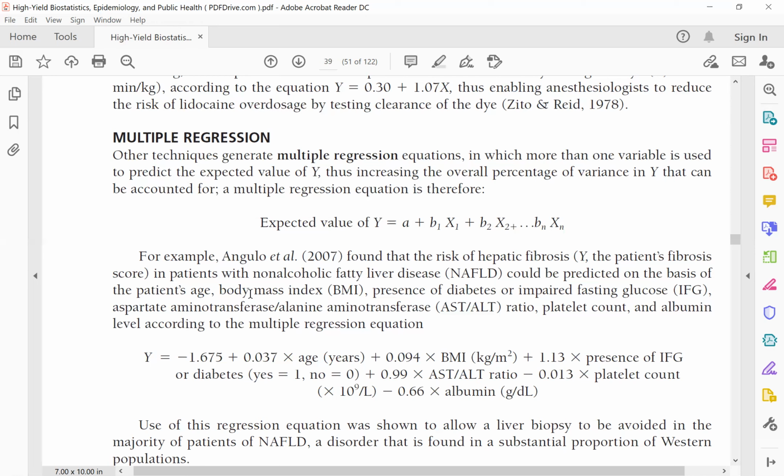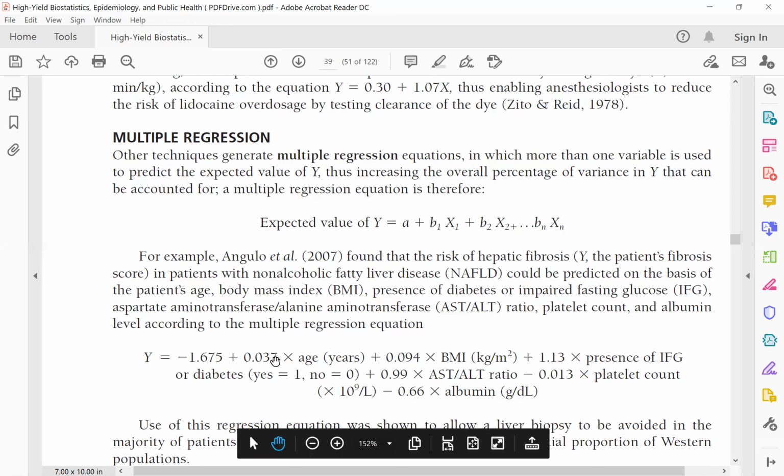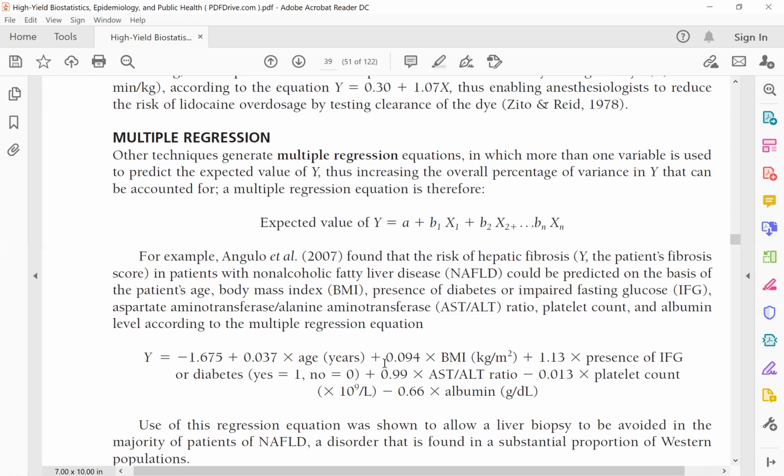For example, a study done in 2007 found that the risk of hepatic fibrosis, which is the patient's fibrosis score in patients with NAFLD, a non-alcoholic fatty liver disease, could be predicted on the basis of the patient's age, body mass index (BMI), presence of diabetes or impaired fasting glucose, the AST-ALT ratio, platelet count, and albumin level, according to the multiple regression equation, which is y equals our intercept plus slope multiplied by age in years, plus this and that.